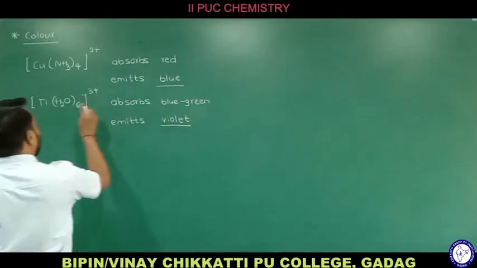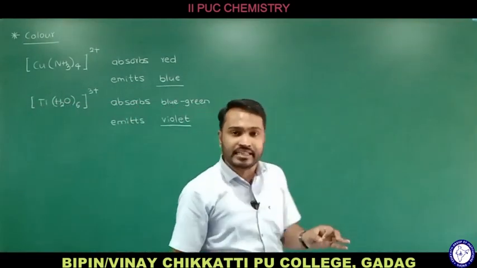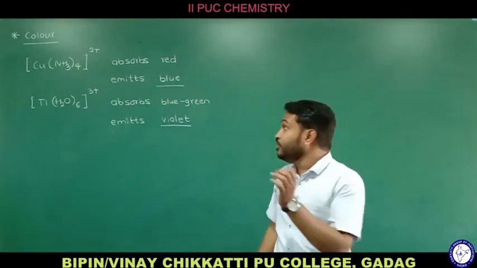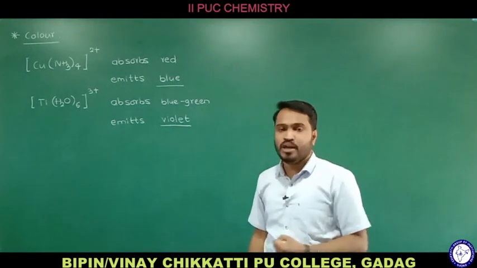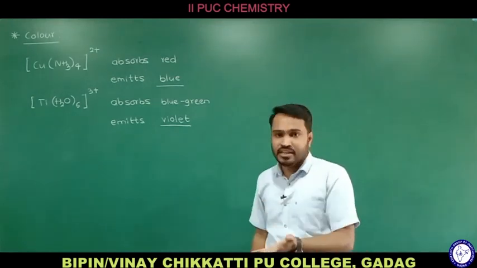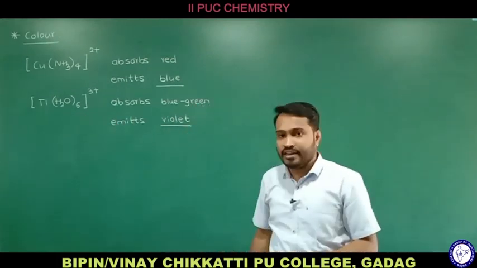Therefore the color of this complex is violet. So violet is the complementary color of blue-green: the suitable wavelength of blue-green has been absorbed, and the wavelength of violet has been emitted. Therefore the color of this complex is violet.